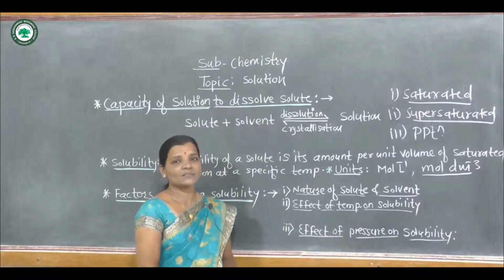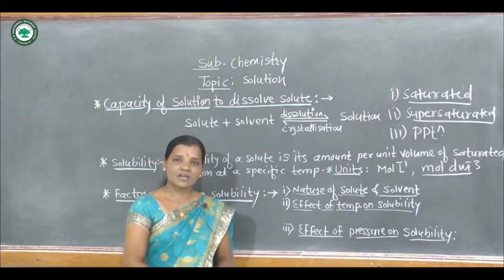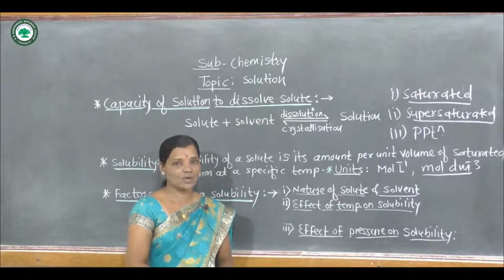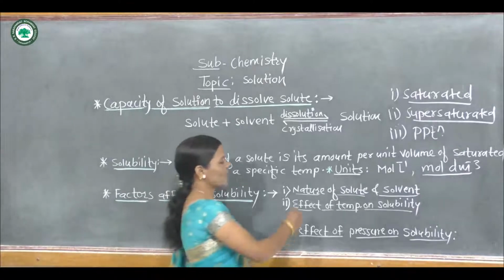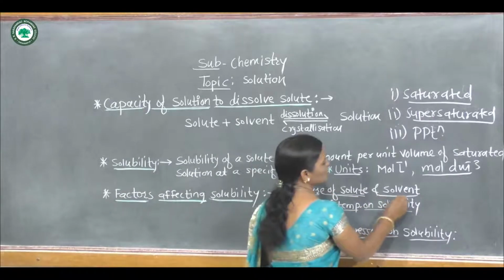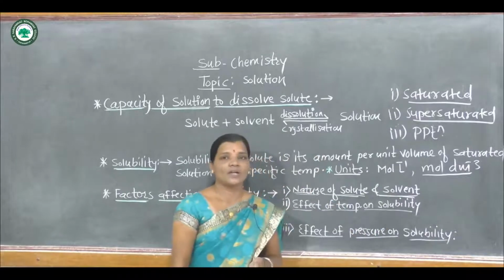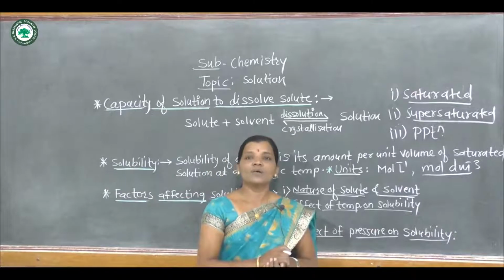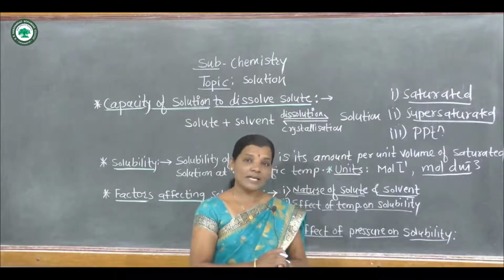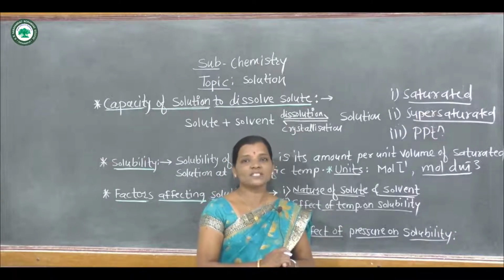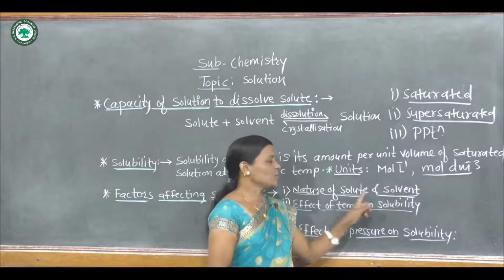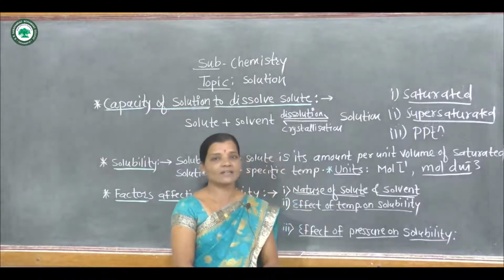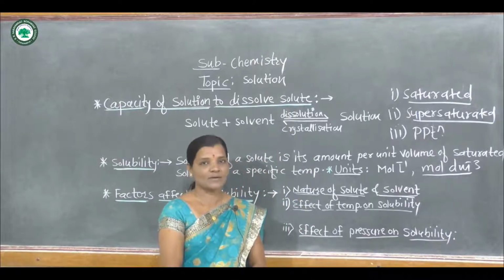Now there are some external factors which affect the solubility of the solute in the given solvent. Let us see the first factor, nature of solute and solvent. If the chemical properties of solute and solvent are similar, then that solute readily dissolves in that solvent.